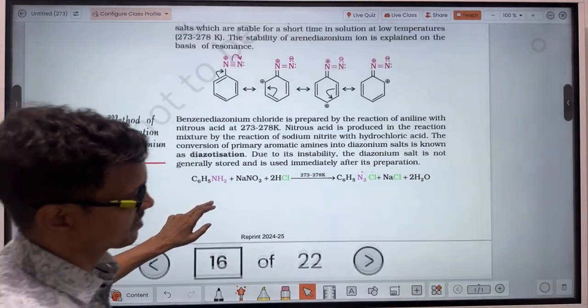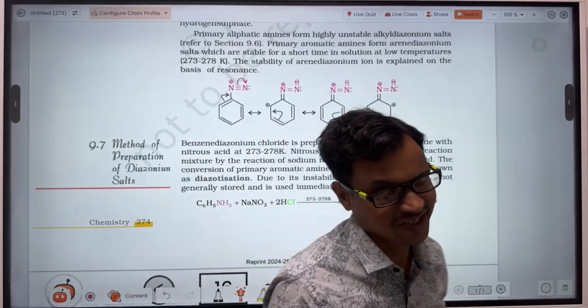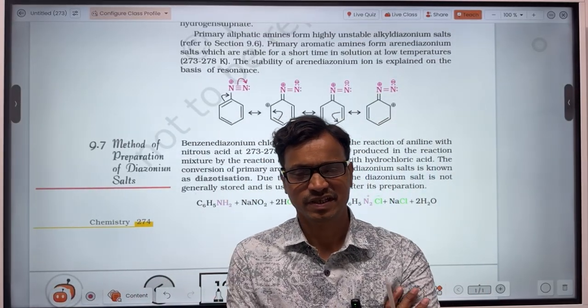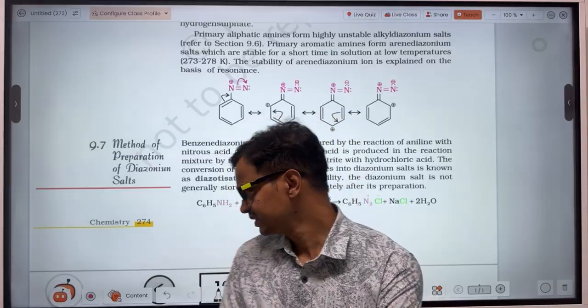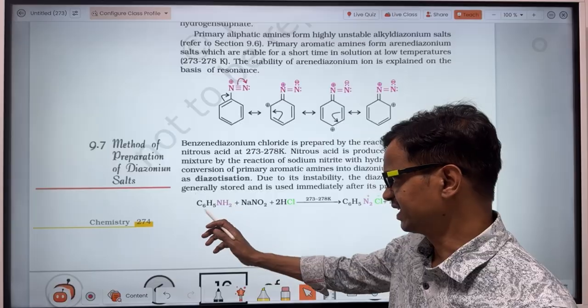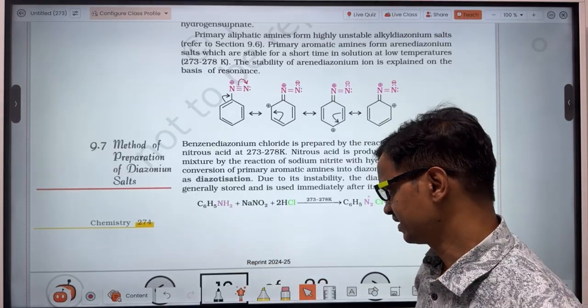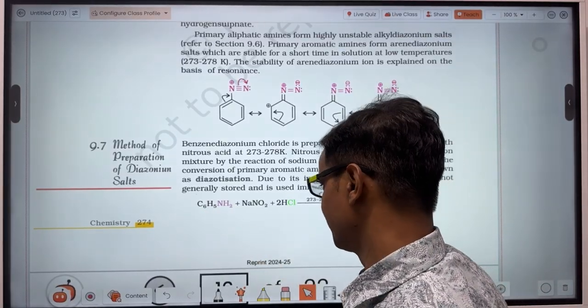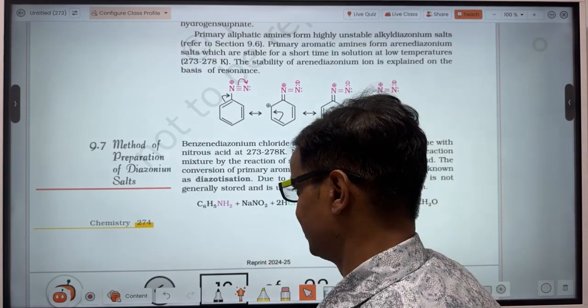Then, about the method of preparation of diazonium salt, a number of times you have prepared the diazonium salt by reacting with HNO2, whether aliphatic or aromatic. So react this aniline with HNO2 or the mixture of NaNO2 and conc. HCl.